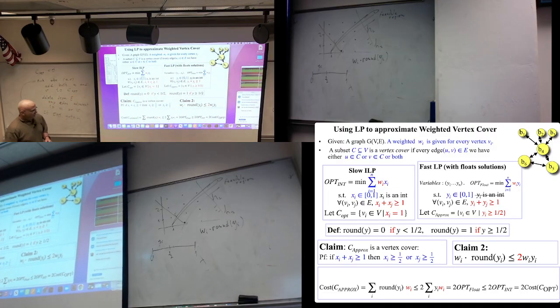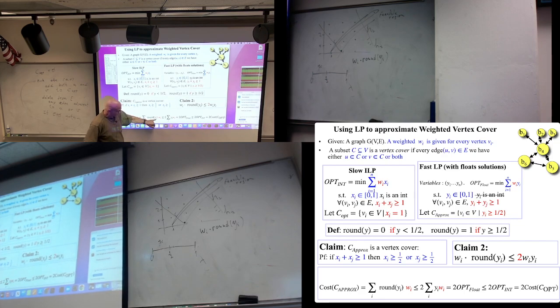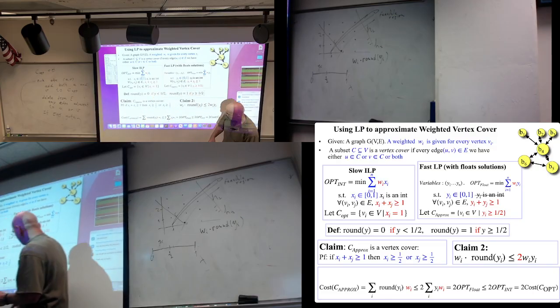And now let's put it all together. What is the cost of C approx? It is the sum of the round of yi, the vertices that I take, the ones whose round gives me 1, times the wi, sorry. The cost of this vertex, how many dollars it costs me to use this vertex, which is, what did we say?